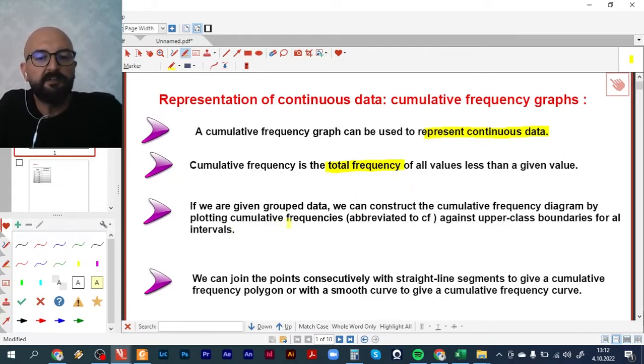If we are given grouped data, we can construct the cumulative frequency diagram by plotting cumulative frequencies against upper class boundaries for all intervals. It's very important for us because when we draw the graph, we should use the upper class boundary of each column.